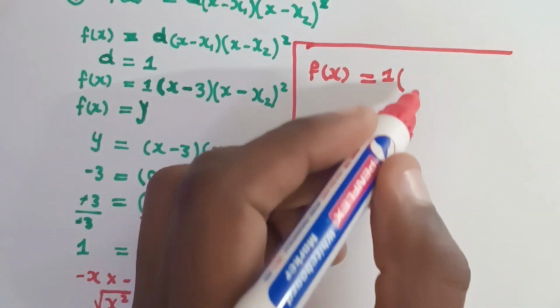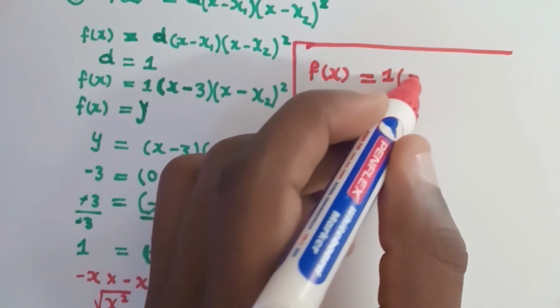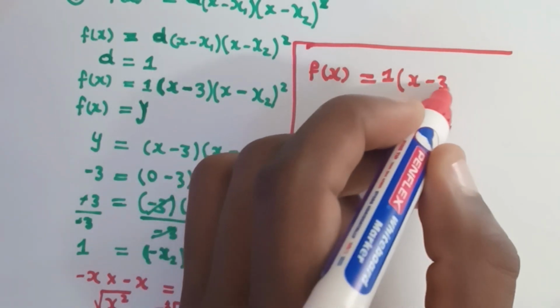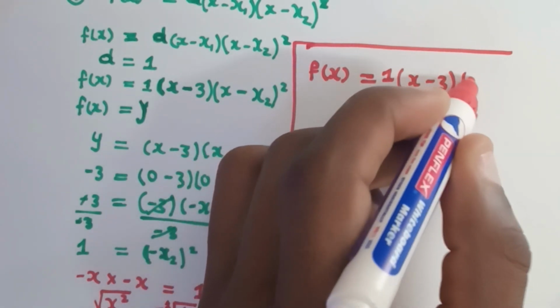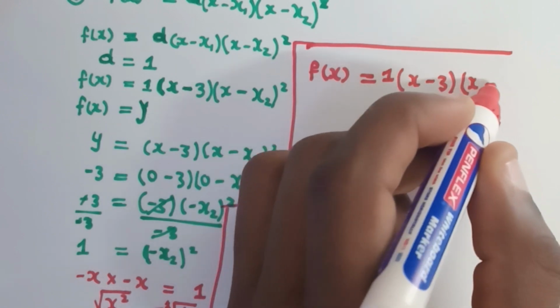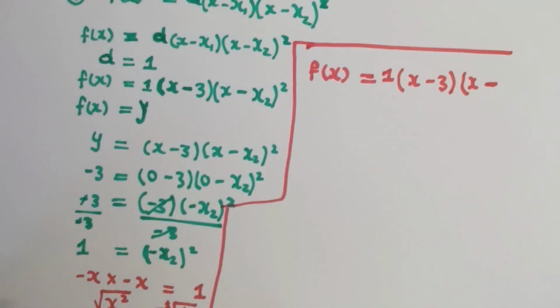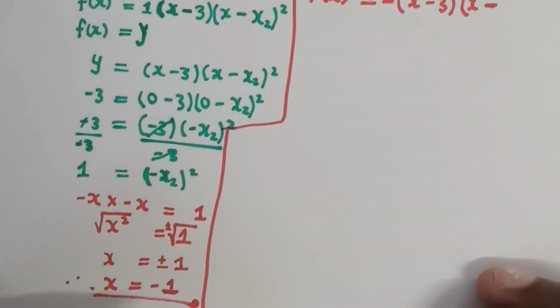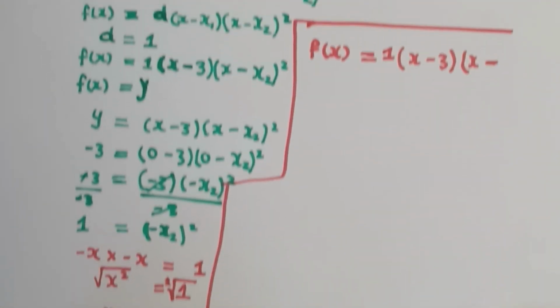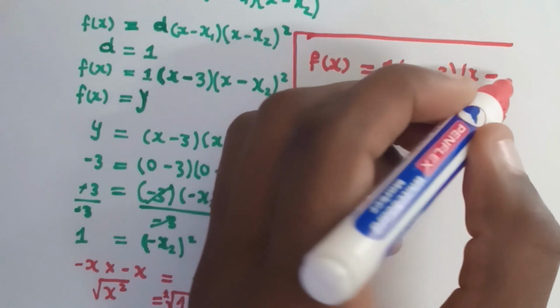Here it's 1 into x minus 3, and then into x minus, here the x2, the one that we got, it's -1, so be mindful of that.